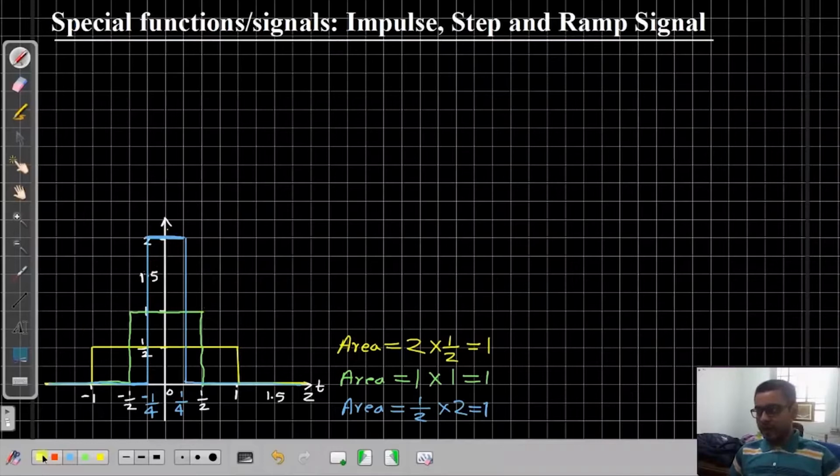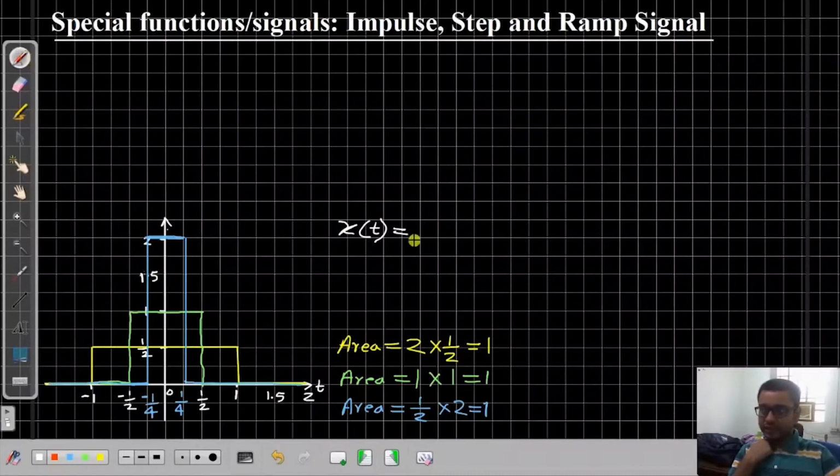For example, I can define a signal, call it xt, which is 0 outside the region t equals plus epsilon and t equals minus epsilon. So between these two times, the signal is non-zero, and outside it will be 0.